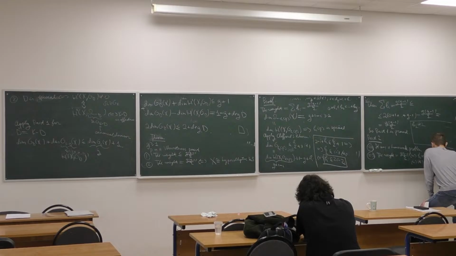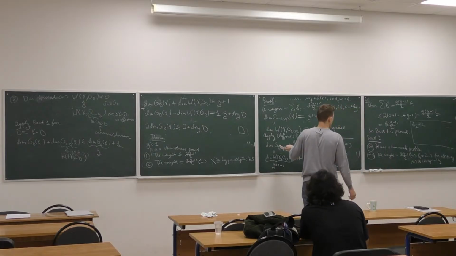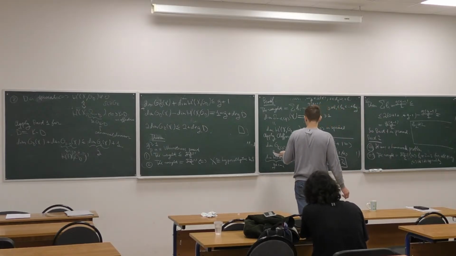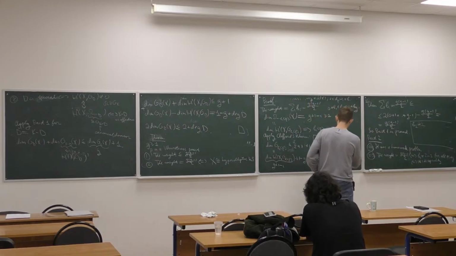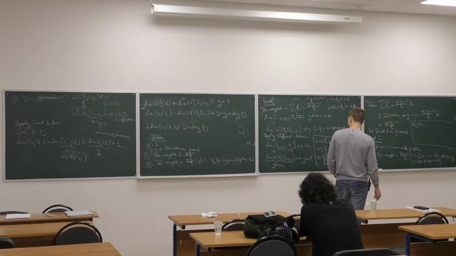Is equality. Yeah, so what we get? So you get that b_i is equal to 2i minus 2. So in particular, you get that b_2 is equal to 2.